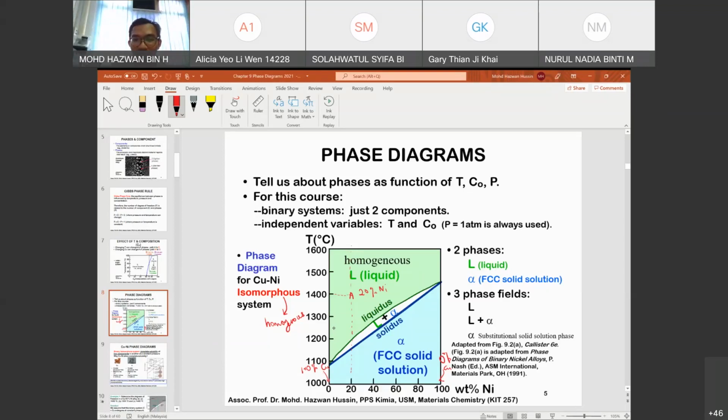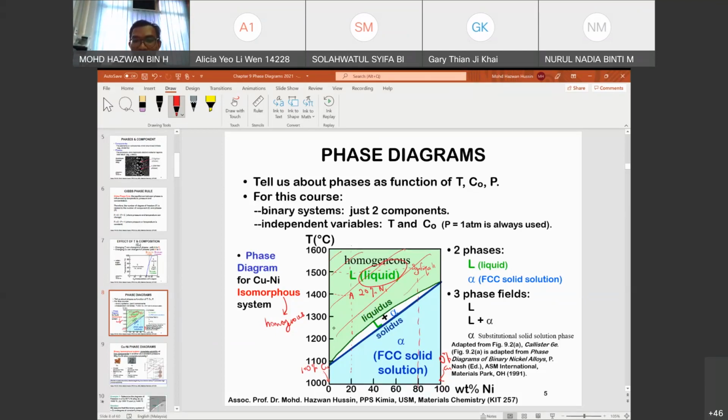Okay. All right. So how did you know it is actually liquid? Very simple. Because you see that A is located at this region, the green one. It is located in the liquid region. So anywhere, if I put a point here at a composition of 80% and at the temperature of 1500, still the phase will be liquid.